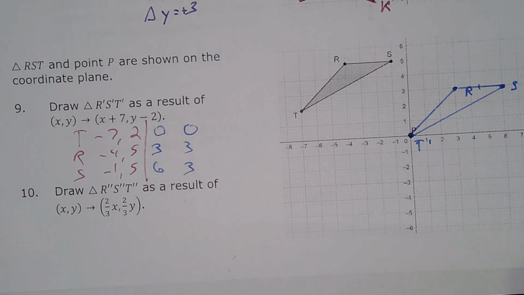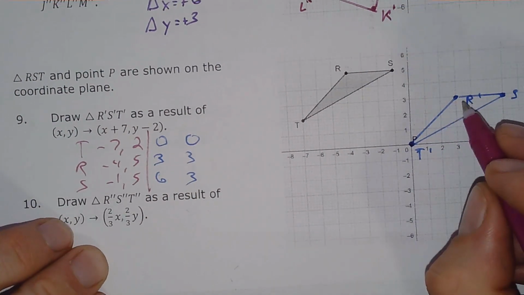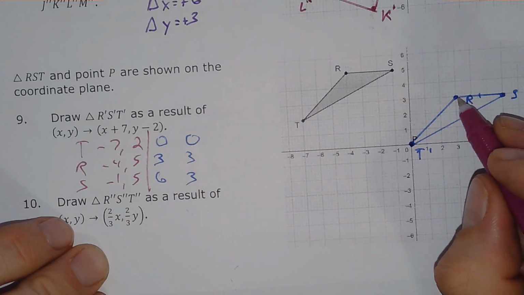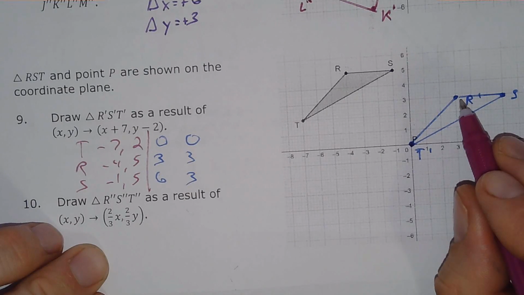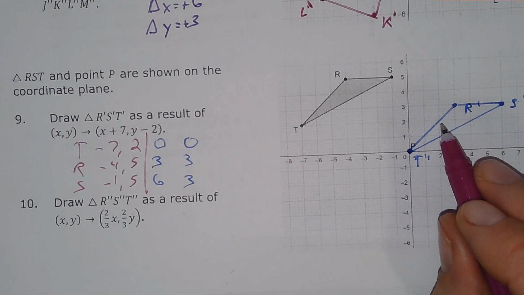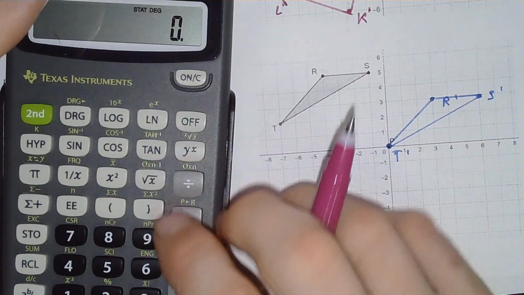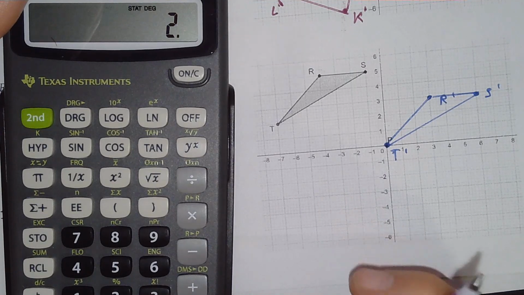Draw a triangle as a result of dilation of 2/3. I'm going to presume it's at the origin. All right, so that means that this value is going to be 2/3 of each side. So 2/3 of 3. 2/3 times 3 is 2.